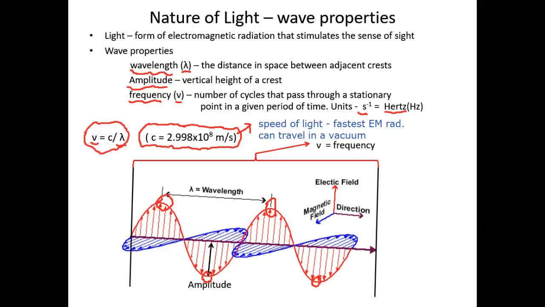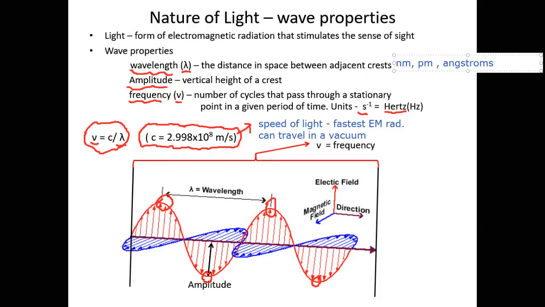And by the way, wavelength in chemistry is usually given in such units as nanometers, picometers, or sometimes angstroms. These are the three common types of wavelengths in chemistry that we use to describe electromagnetic radiation: nanometer, picometer, and angstroms.